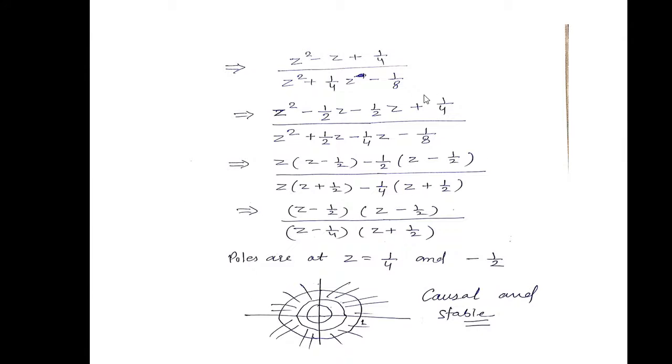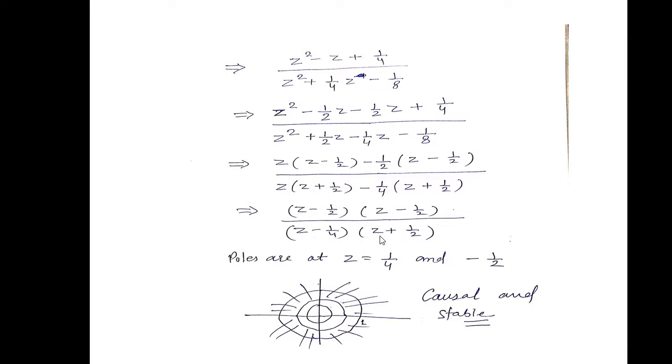After further solving this expression, we will have the final result like this. Just simply solve these expressions and we will have the final result: z minus 1 by 2 multiplied by z minus 1 by 2, over z minus 1 by 4 multiplied by z plus 1 by 2. So there are two poles, first is at 1 by 4 and second is at minus 1 by 2.